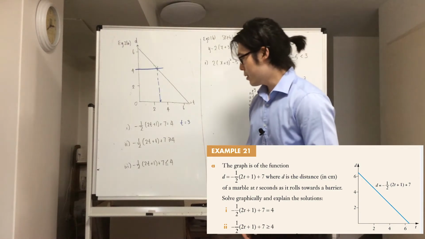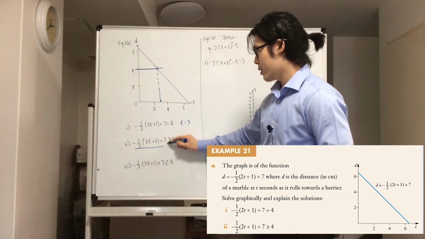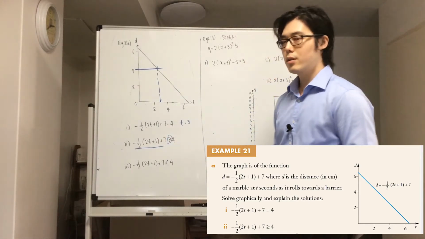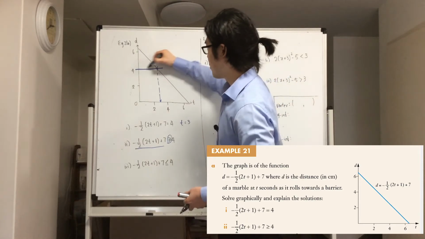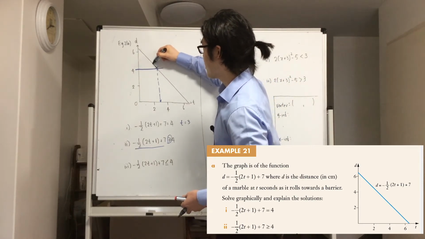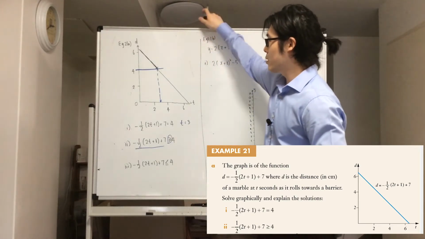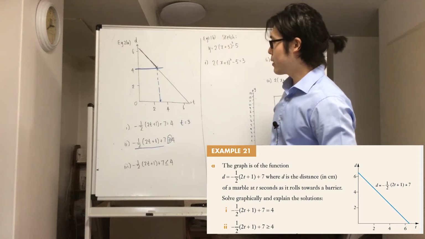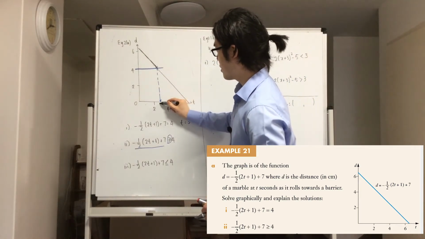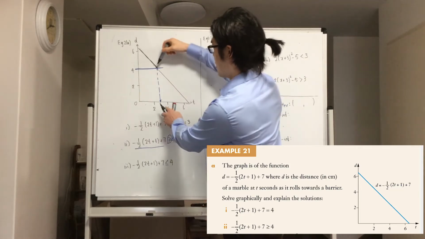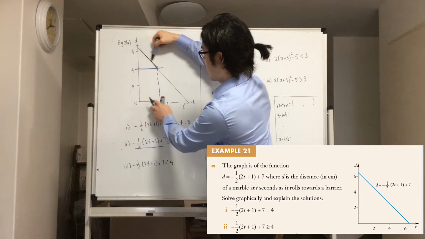Let's have a look at that question. So if we're solving that is greater than or equal to 4, remember that means we're looking at the graph above 4, because this is greater than 4. So let's read the value. If it's above it, we know from 3, okay, what's the t value between here and here?